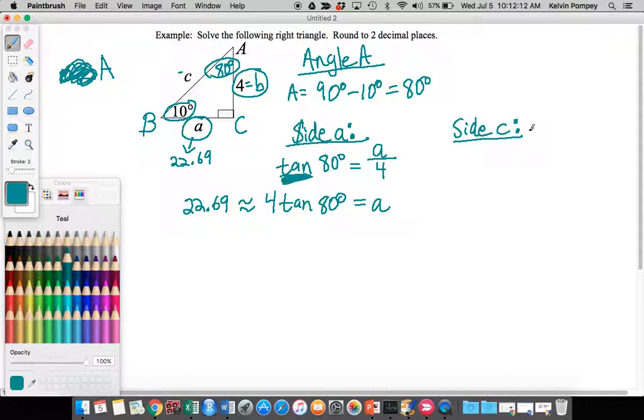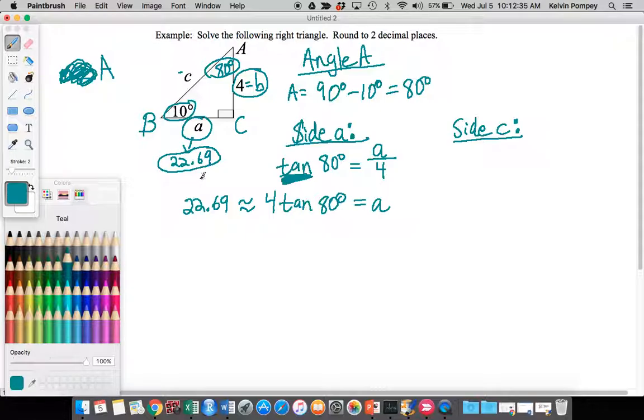For me to find side C, I have a couple of options. I can use my trigonometric functions, or I can use my Pythagorean theorem. One option is better. The option using the trig function is better because I don't have to use an approximation. Notice this 22.69 here is rounded, it is an approximation.